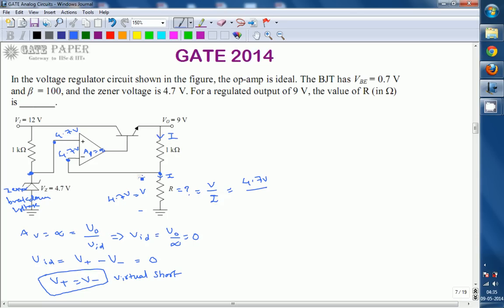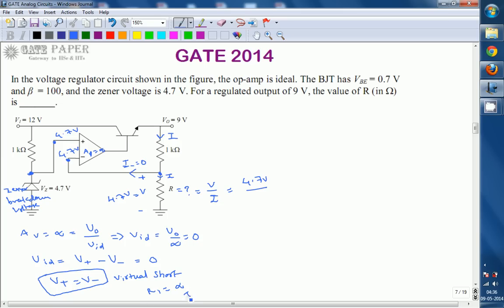Otherwise, it looks like this I is dividing into two branches, going into the inverting terminal as well as into R. Even though it looks like the current through the 1 kilo ohm resistor divides into the current through the inverting terminal and the current through the actual R that we require, the current through the input terminal, I minus, is equal to 0 for an ideal operational amplifier. For ideal operational amplifiers, what we know is that Ri is equal to infinity.